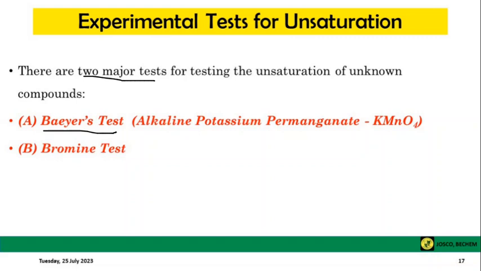I don't know if the pronunciation is right. Bayer's test. The second one is the bromine test. We are going to look at them individually and then we can compare the two tests.